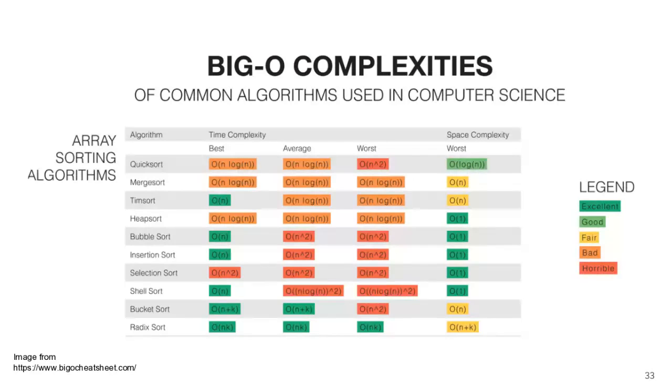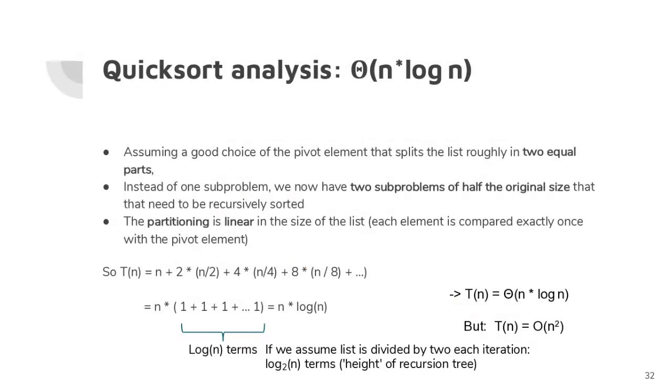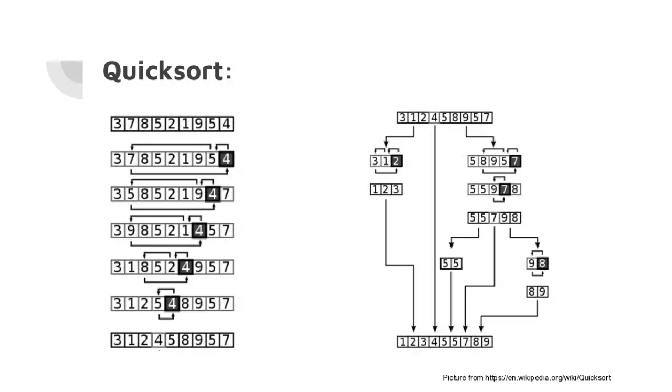So here's an overview of all the different sorting algorithms that exist. How can you ensure you choose a good pivot? There are some strategies. One is just taking a random element.